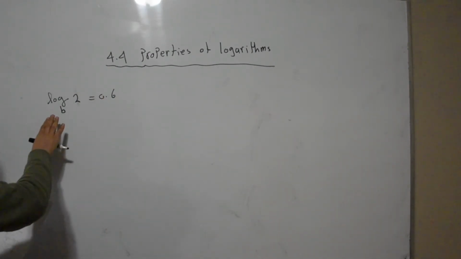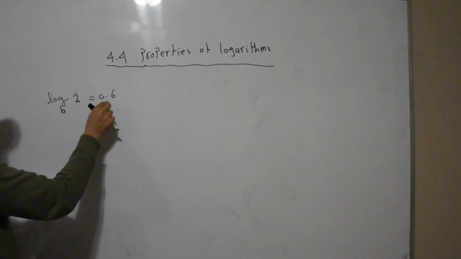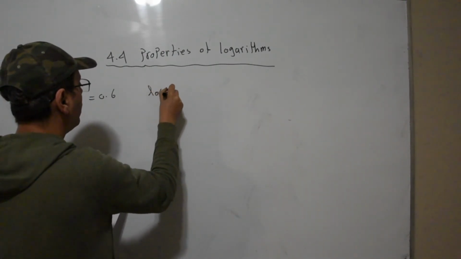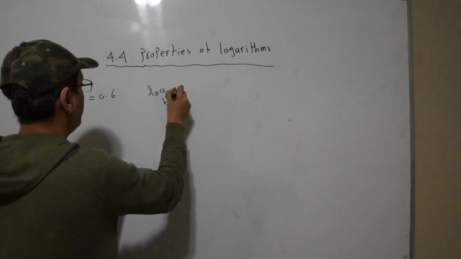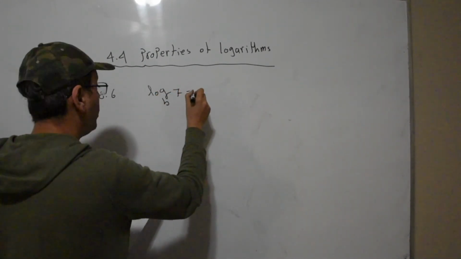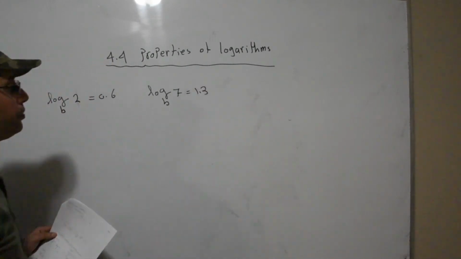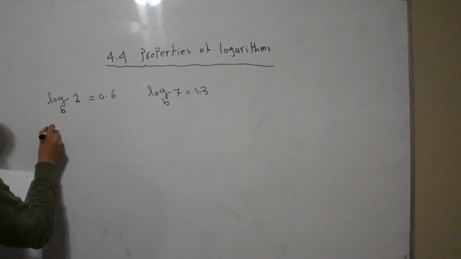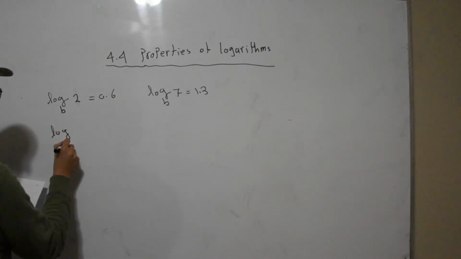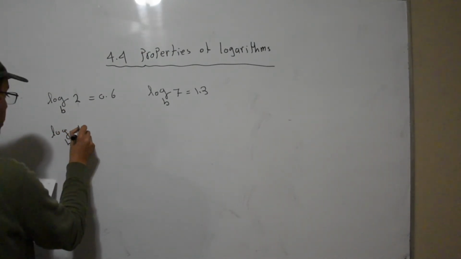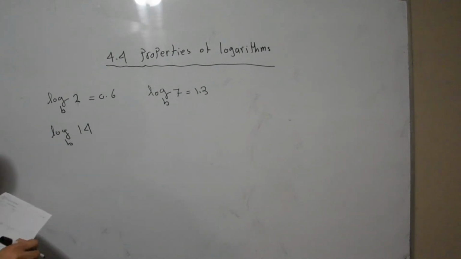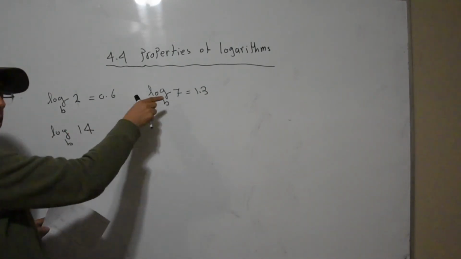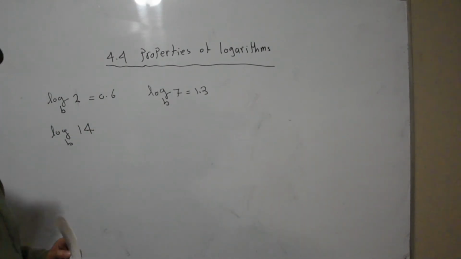I don't know what b is, but I know that the value of log base b of 2 is 0.6. And log base b of 7 is 1.3. Okay? So here's the idea. I'm giving you log base b of 14. How can I compute this log in terms of these two logs I am given?